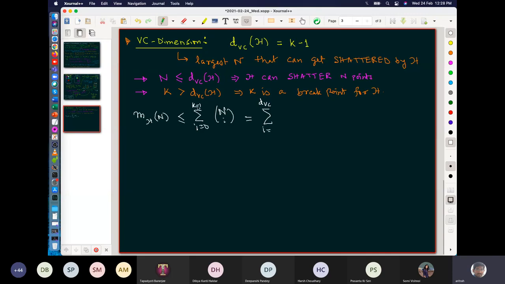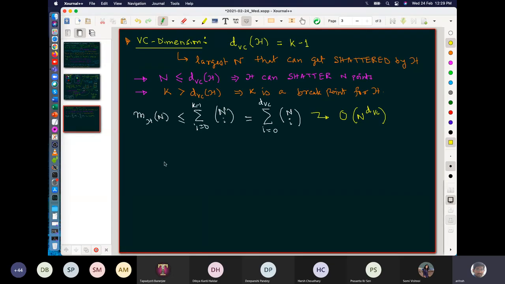It looks nice, right? Instead of k minus 1, it looks nicer that I have this function represented with d_VC, which means I can say this function is polynomial with respect to VC dimension. That's what the maximum power is, d_VC of N.